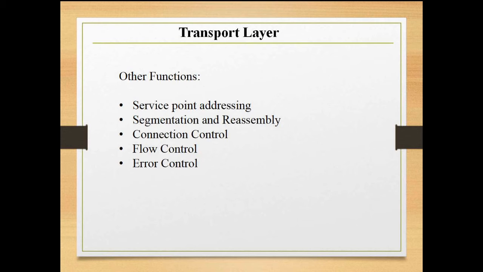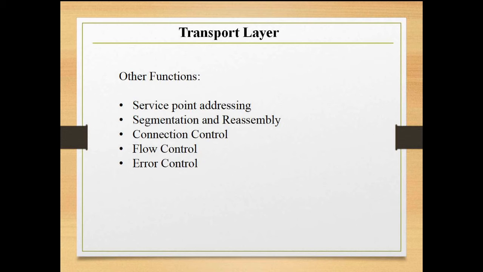The transport layer header must therefore include a type of address called a service point address, otherwise called a port address. The network layer gets each packet to the correct computer, whereas the transport layer gets the entire message to the correct process on that computer.